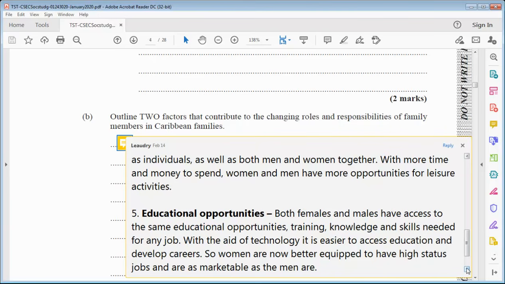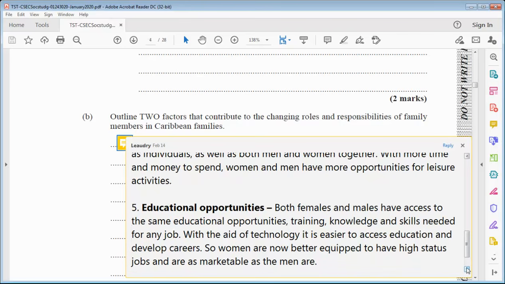With the aid of technology, it is easier to access education and develop careers. So women are now better equipped to have high status jobs and are as marketable as the men are.